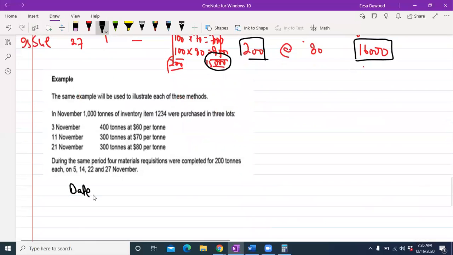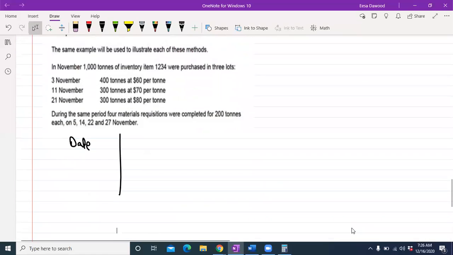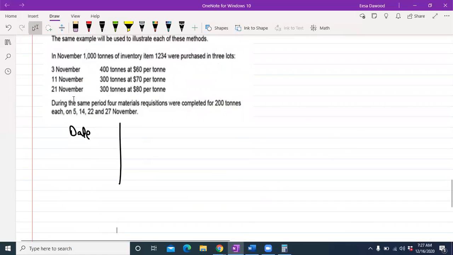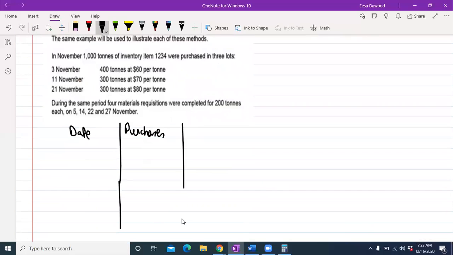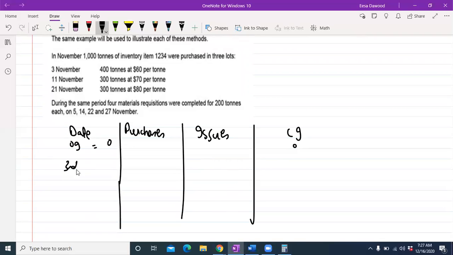First column is date, second column is purchases, third column is issues, and the fourth column is for closing balance or closing inventory, right? There was nothing in the opening inventory. It was 0.